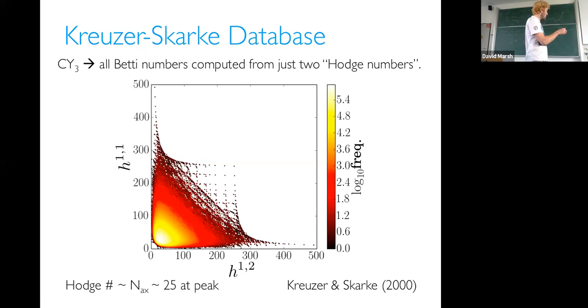So if the universe worked like here's a random polytope at the beginning of the universe, you would expect to get one with about 25 axions. It turns out that there are actually many manifolds for each polytope, for reasons that I don't really understand, to do with triangulations of that polytope.